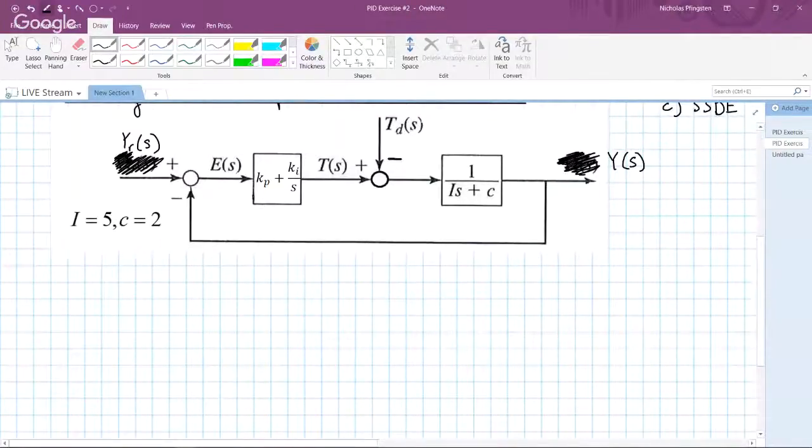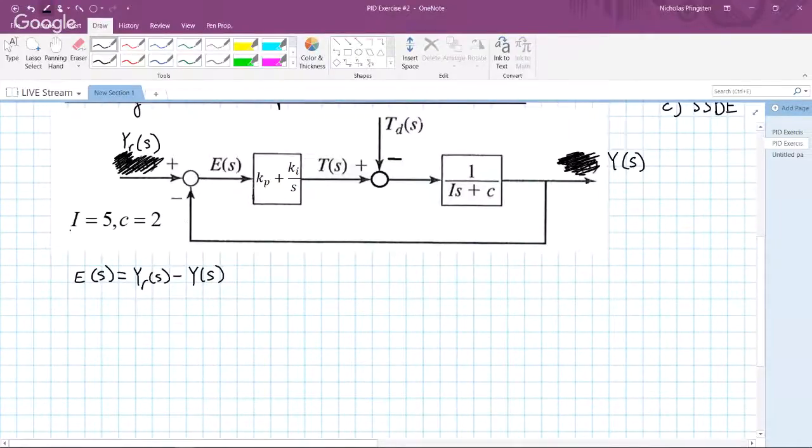So E of s is equal to capital Y sub r of s minus Y of s.